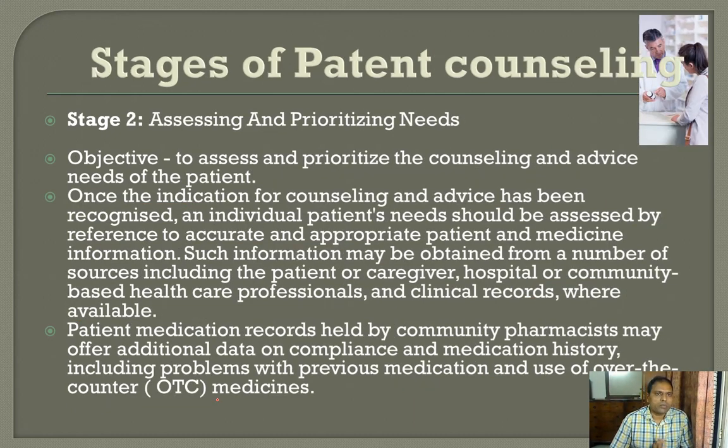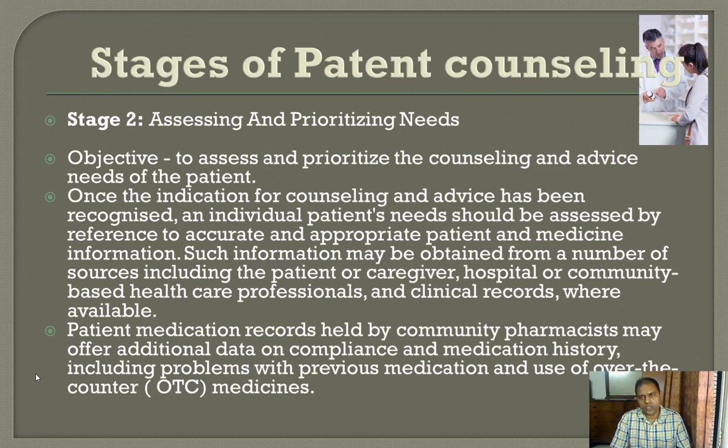By analyzing these various situations, you are going to find out whether the patient needs the counseling or not. The second stage is assessing and prioritizing the needs. You have to collect the information from various sources and prioritize the needs.